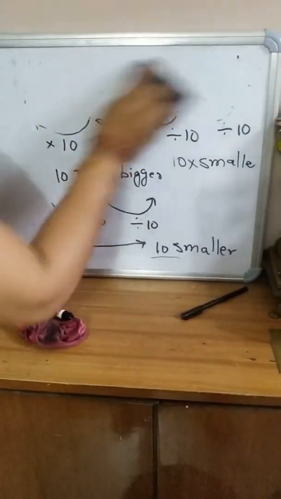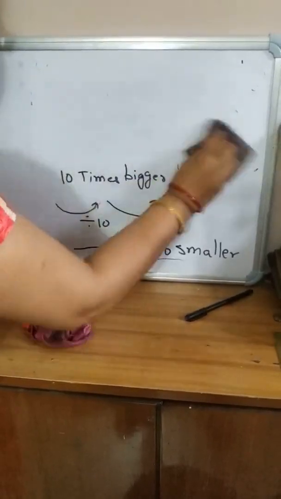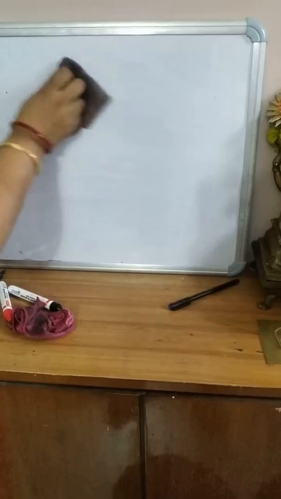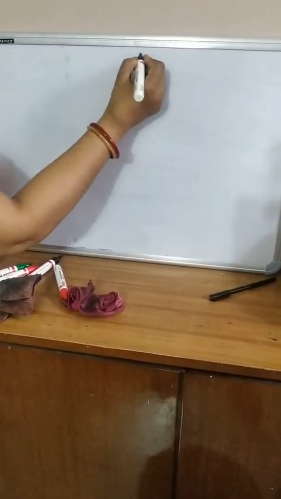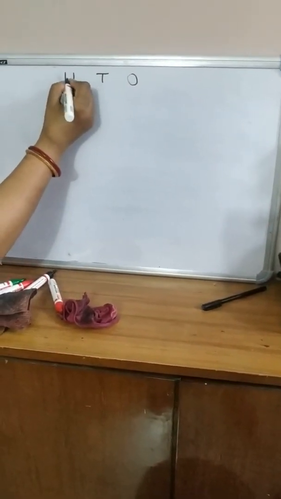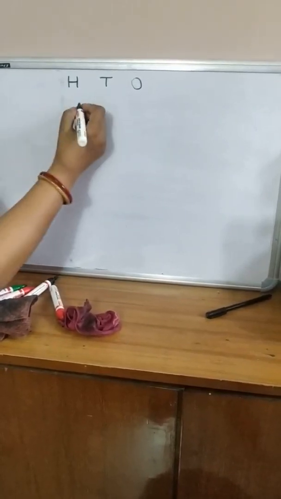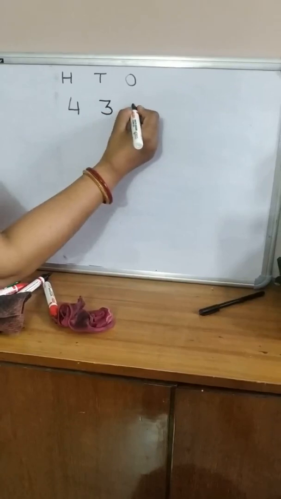Now let us see. Here ones, tens, hundreds. For example, 4, 3, 2.